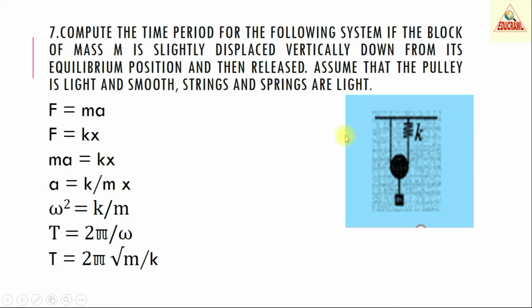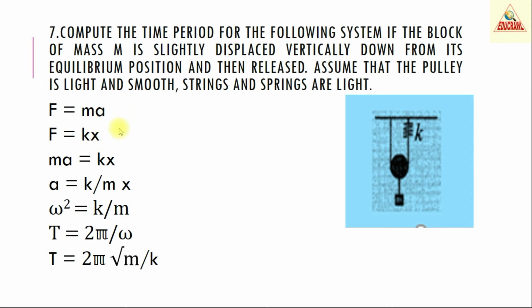In the second case, you have got a pulley connected to a mass. At the top of the pulley, we have got a spring whose spring constant is k. So according to Newton's second law, you have got F is equal to ma. Here the force acting produces an extension x. Hence F is equal to kx.